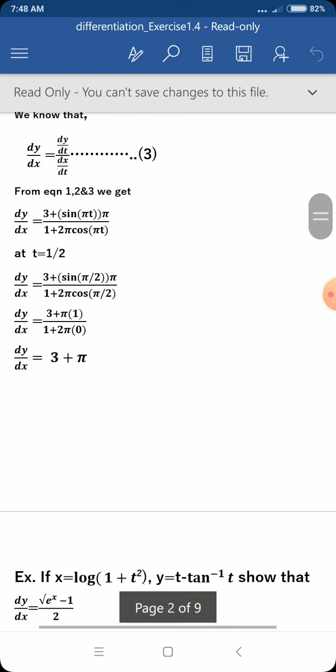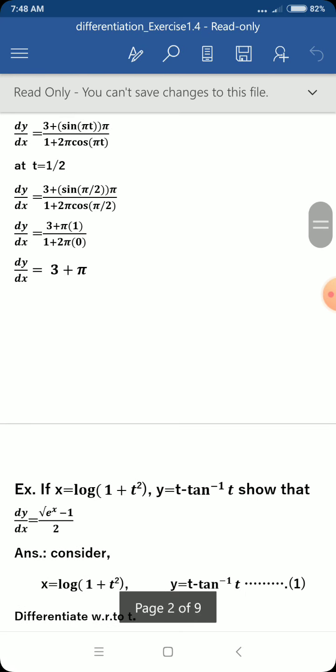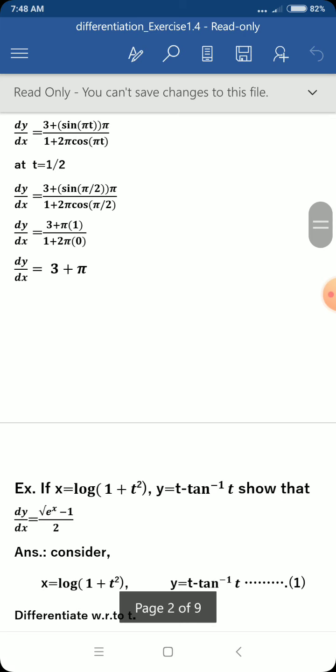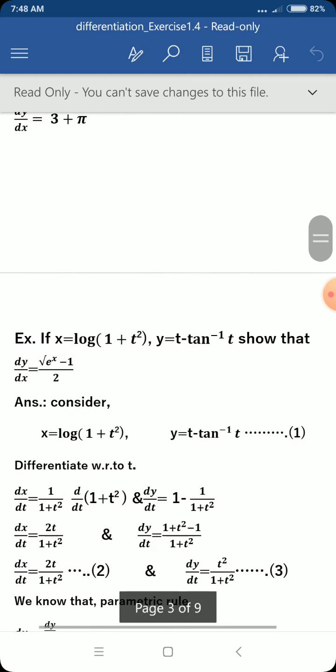Therefore, dy by dx is equal to 3 plus pi into 1 upon 1 plus 2 pi into 0. That is dy by dx equal to 3 plus pi upon 1 plus 0. Therefore, finally we get dy by dx is equal to 3 plus pi.